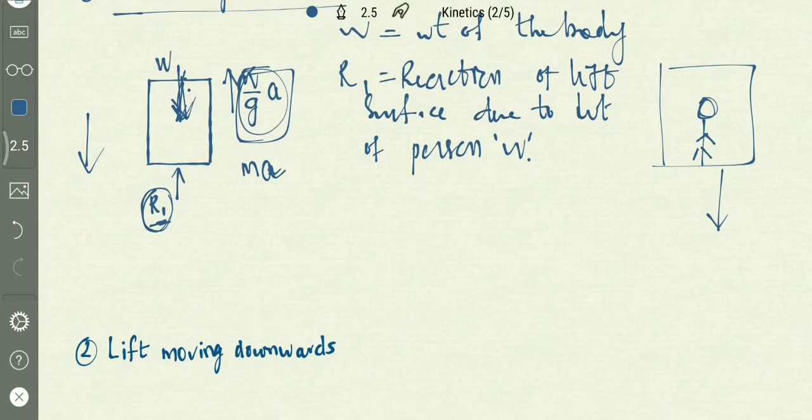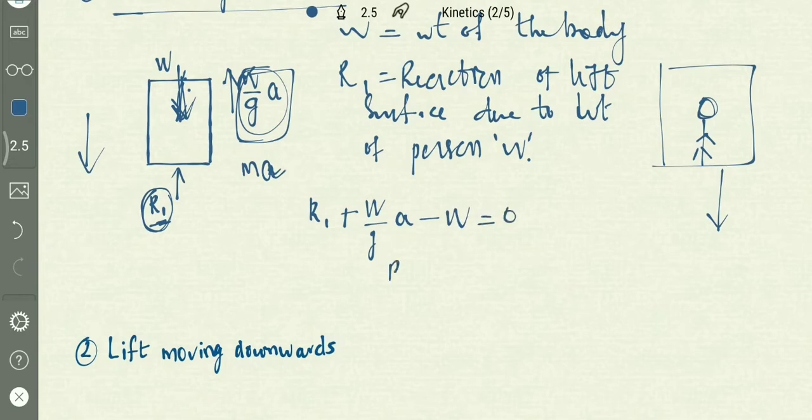If we consider the equilibrium, considering upward forces as positive, R1 is upwards, plus W by g into a, which is also upwards. The downward force is the weight of the body, W, and the sum is equal to 0.